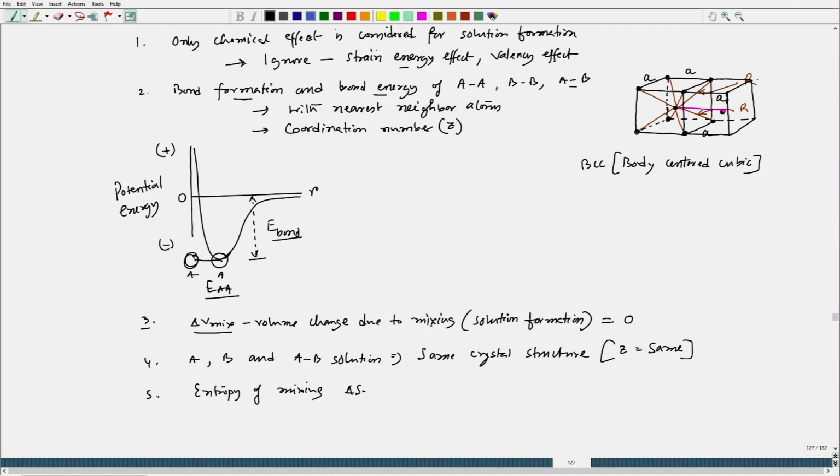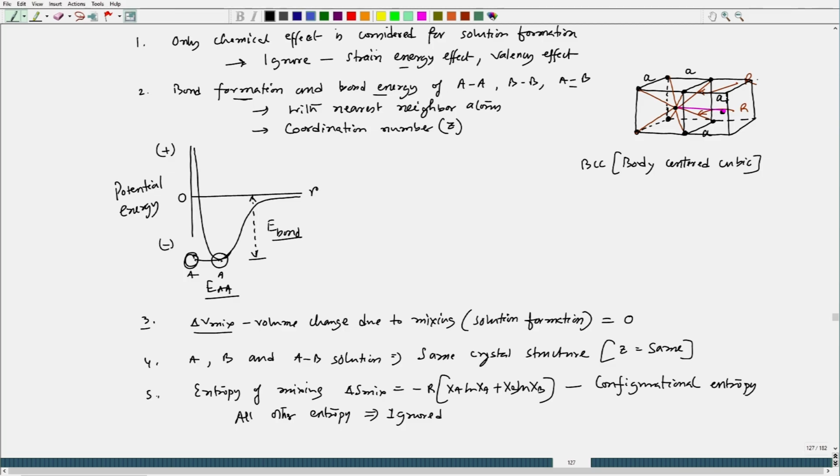That entropy of mixing can be expressed as R Xa ln Xa plus Xb ln Xb, and this is coming mainly due to configurational entropy. All other entropy parts are ignored.